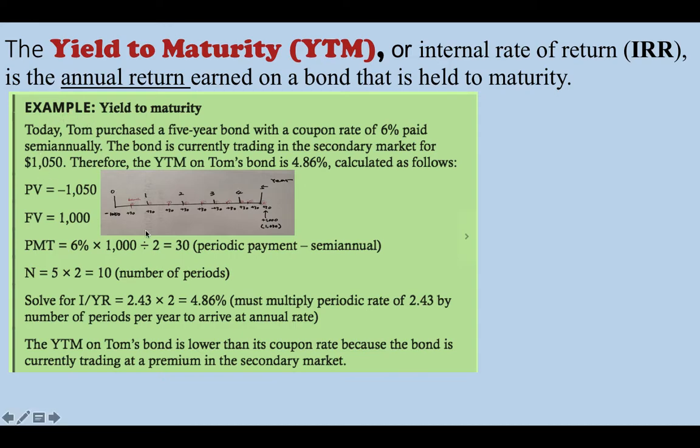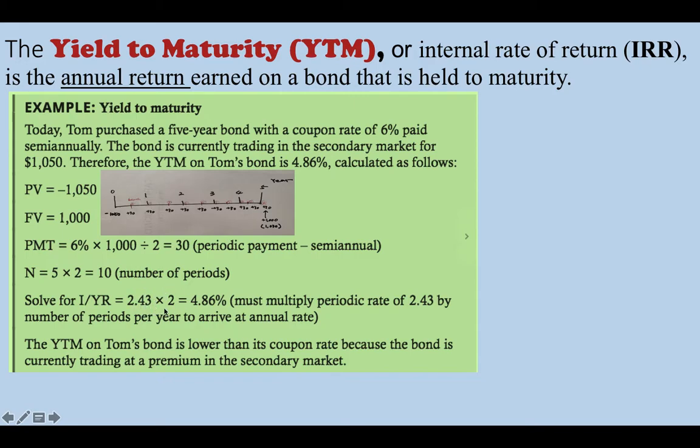So given all this information, you can calculate what your yield is, what your real annual return is for you to receive those cash flows. So then we can use a financial calculator to calculate the yield. When you plug all those numbers in, that will give you 2.43. This is per period.